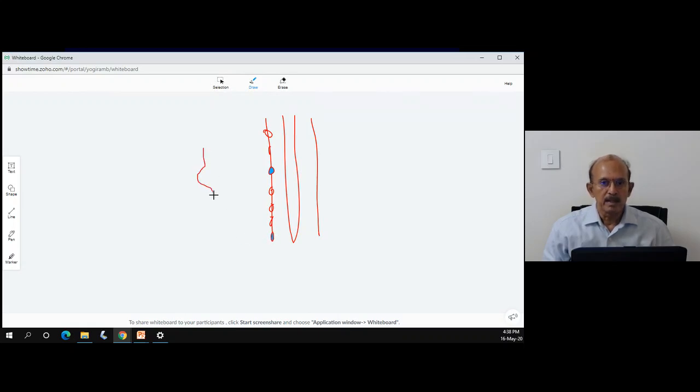Now, the gut is here. Now the nerve fibers come out of the spinal cord and synapse here. From there, the branches leave.